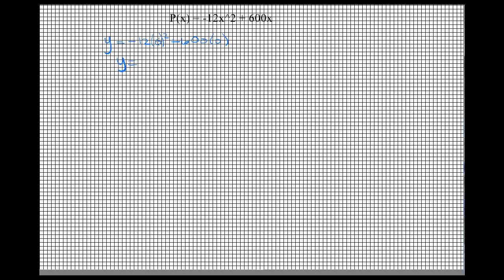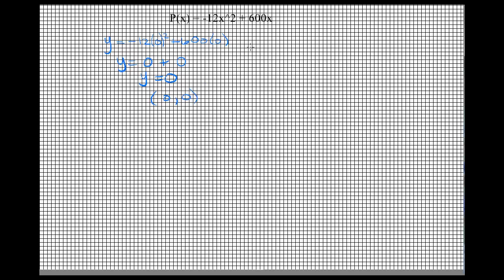So 0 times 0 is 0, and 0 times minus 12 is 0, and 600 times 0 is 0, so y is going to be 0. So our y-intercept is 0.